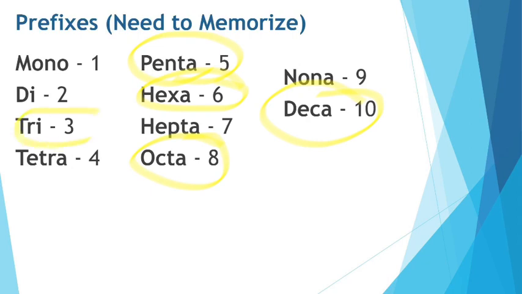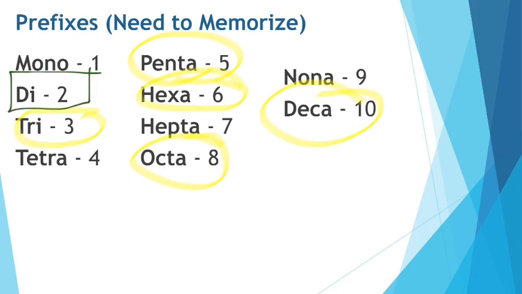You've probably seen and heard tri all over the place. Triangles, tricycles, and maybe even mono some places as well. Like a monopoly is a single company owning all of a certain type of resource, or monotheistic is the belief in one God. So mono is somewhat common, but some of these others are a little weird.